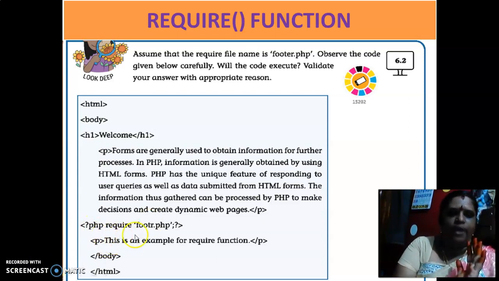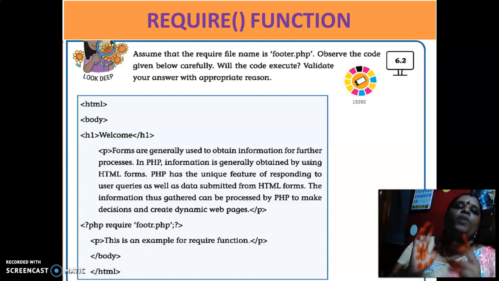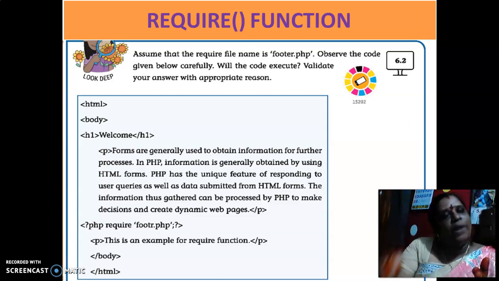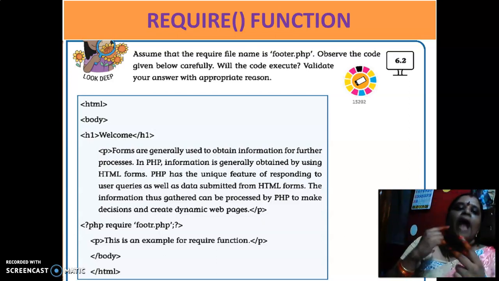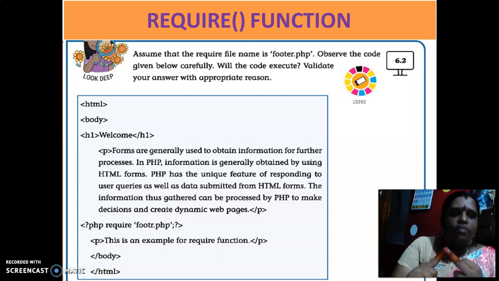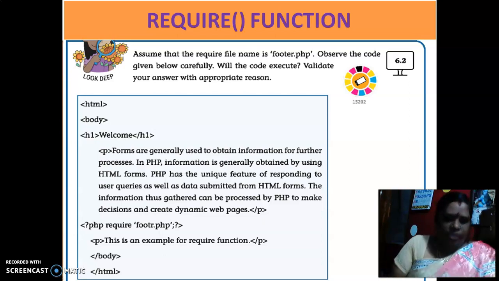If the PHP file of include is not opened or not found, it will produce a warning and the other part of the program will keep running. Whereas in the require function, it will not run. A fatal error will be produced and it will stop the execution there itself. This is the thing we saw today. Okay, children? This is the concept. If any doubt, you can ask me.